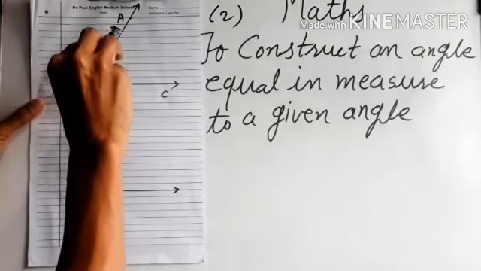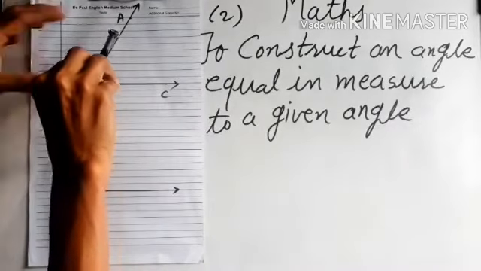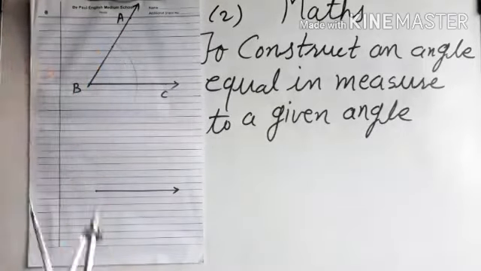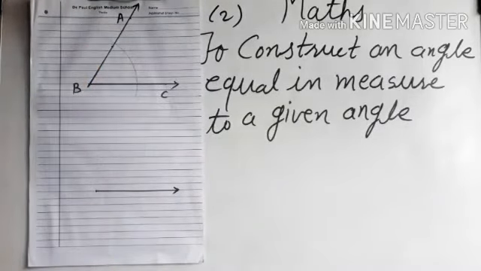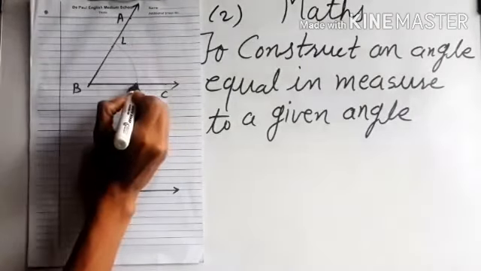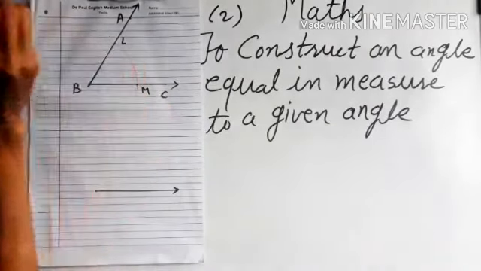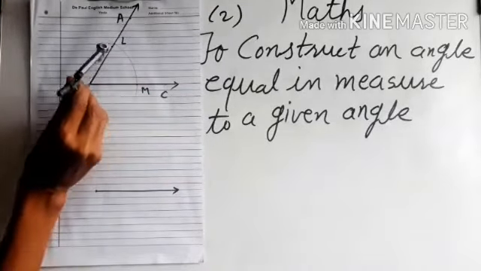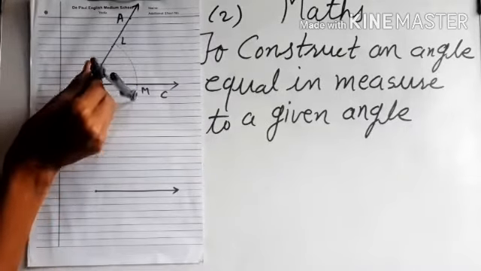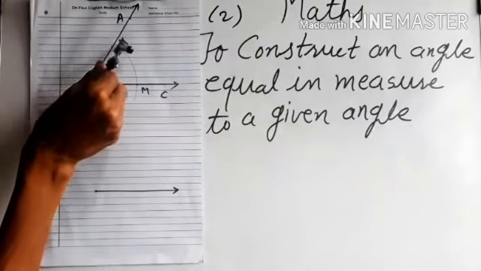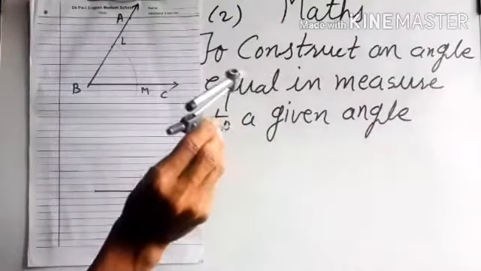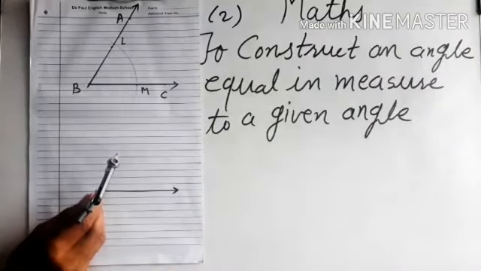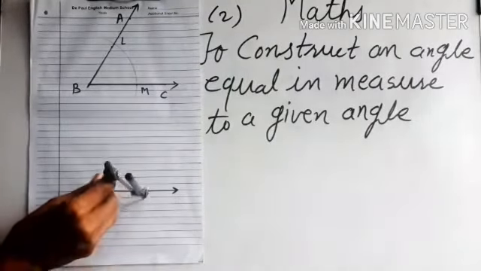Take an appropriate distance and draw one arc which will intersect ray BA and ray BC at points L and M. You can take any names. Then, students, this is very important, again and again I am repeating: whatever distance you have taken to draw this arc, with the same distance, don't change the distance, draw one more arc here.